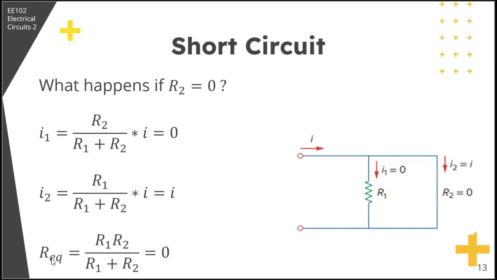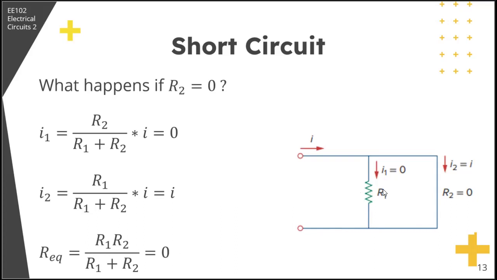Okay? Then our R equivalent is the product of the two over the sum of the two. But here R1 times R2 is 0, so this becomes 0. Our R equivalent becomes equal to 0.